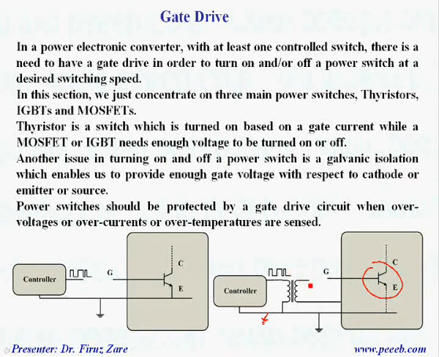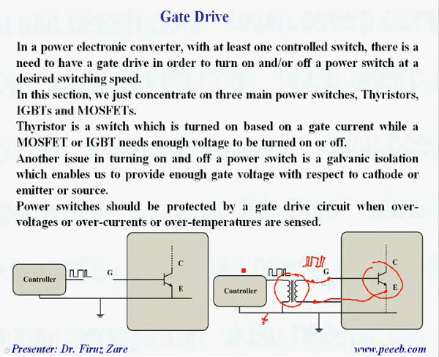That's why we need galvanic isolation, for example in this case using a pulse transformer, and then here we have the same gate signal, even at a different voltage level. Because these terminals are floating, we can connect this terminal to the emitter and this terminal to the gate.